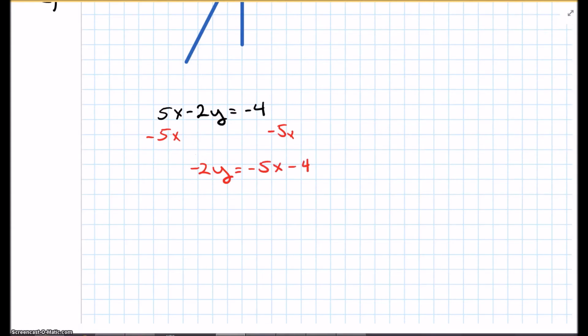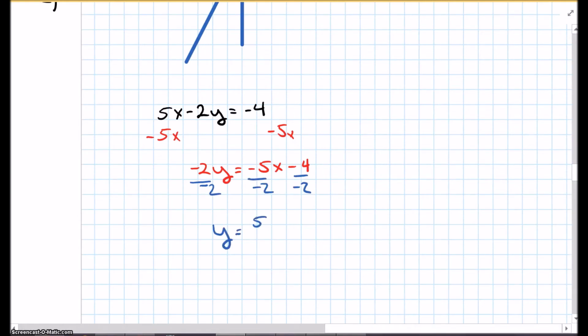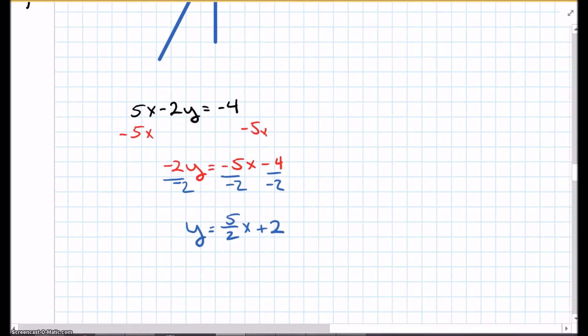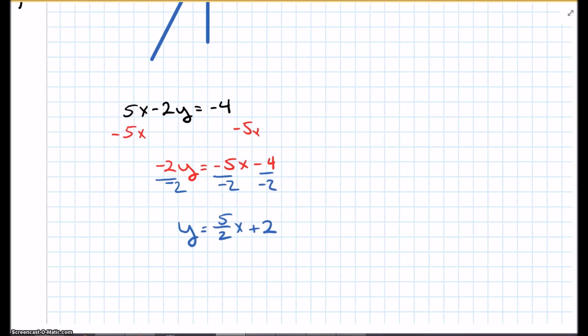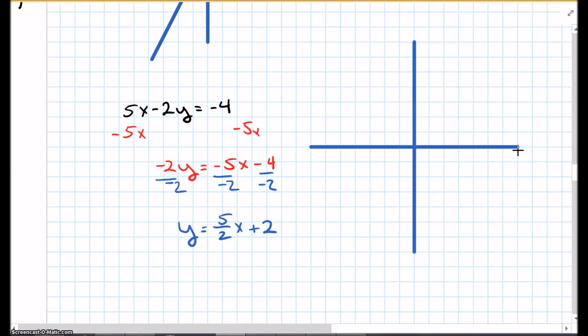Now I'm going to divide everything by negative 2. So I'm going to get y equals 5 over 2x plus 2. All right, you can plot points, or you can just plot with the information you're given. So let's just plot with the information we're given.